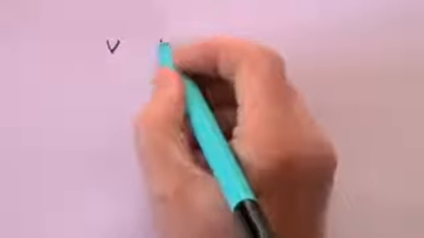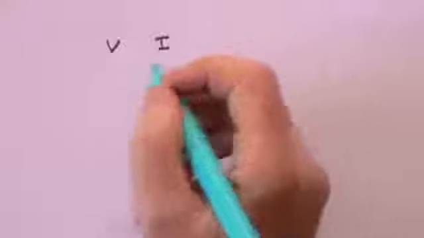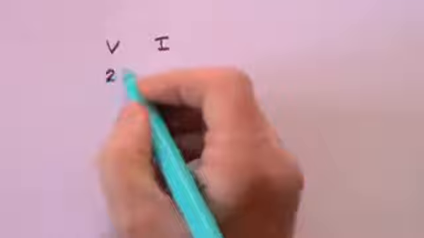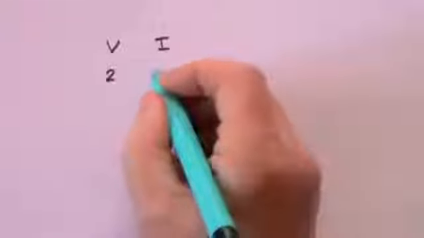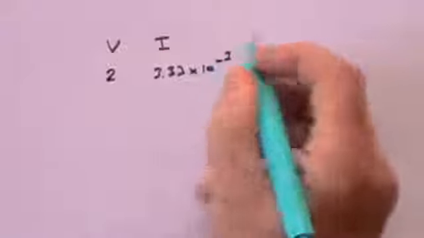Question 5. An experiment is done which generates the following results. Across a resistor, a voltage is measured. When the voltage is 2 volts, the current is 3.33 times 10 to the minus 3 amps.